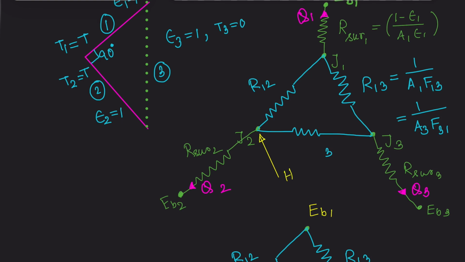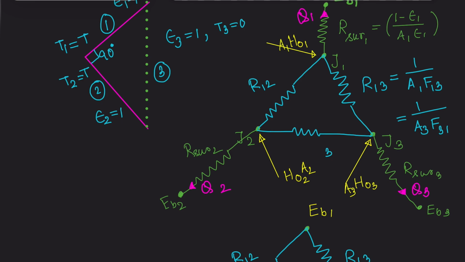This is HO2, this is HO3, this is HO1. So I have shown it by Q1, Q2, Q3. So I must write HO2 into A2, HO3 into A3, HO1 into A1.